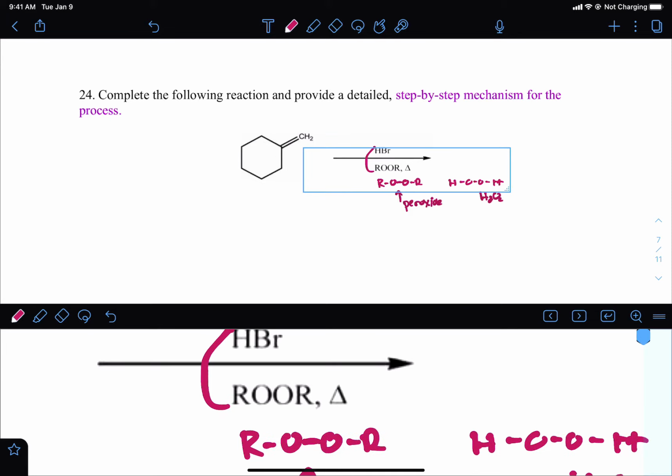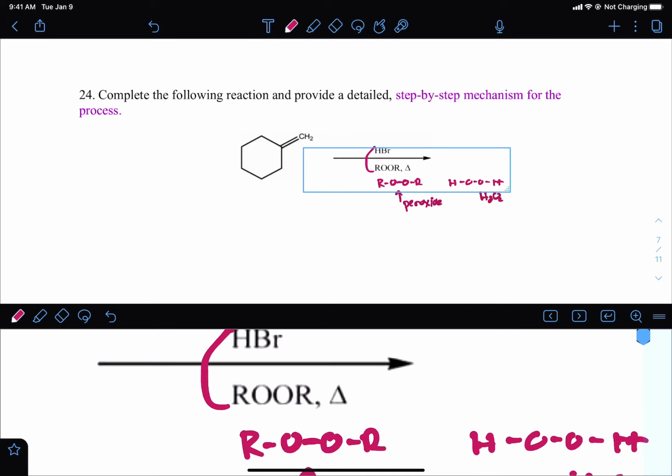So we're going to take one electron. Remember, the alkene is a sigma bond and a pi bond. The pi bond is weaker than the sigma bond. So one of the bonds will react and the other one won't. The pi bond will react. So what we're going to do is we're going to take one electron from the radical and we're going to pair it up with one electron from the pi bond.